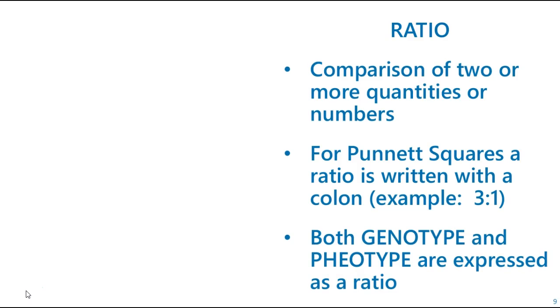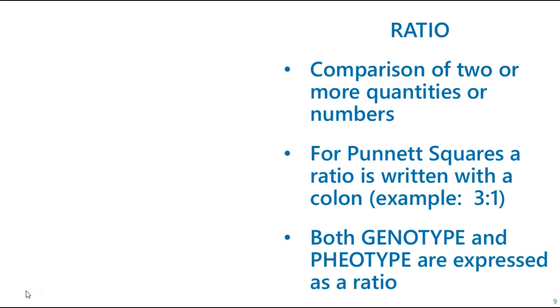A ratio is a comparison of two or more quantities or numbers, to show how they relate in proportion to each other. So it's showing a proportion relationship.